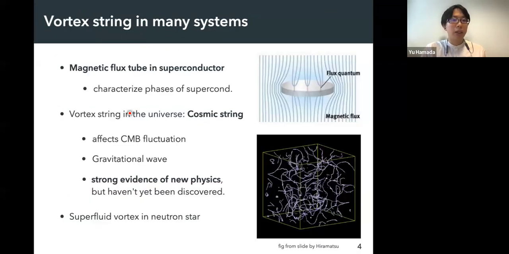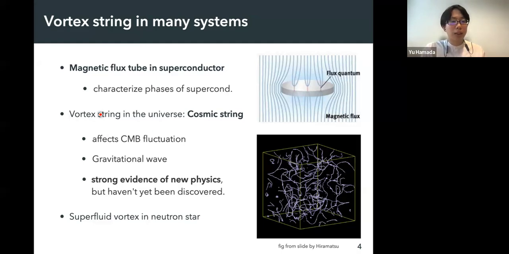And this vortex string is very ubiquitous in modern physics. For example, if we consider a magnetic flux tube in superconducting material, then this magnetic flux tube is described by the Nielsen-Olesen vortex string. So this is a picture of the superconductor, and if we apply a strong magnetic field, then this can penetrate into the superconductor, and this tube is nothing but the vortex string.